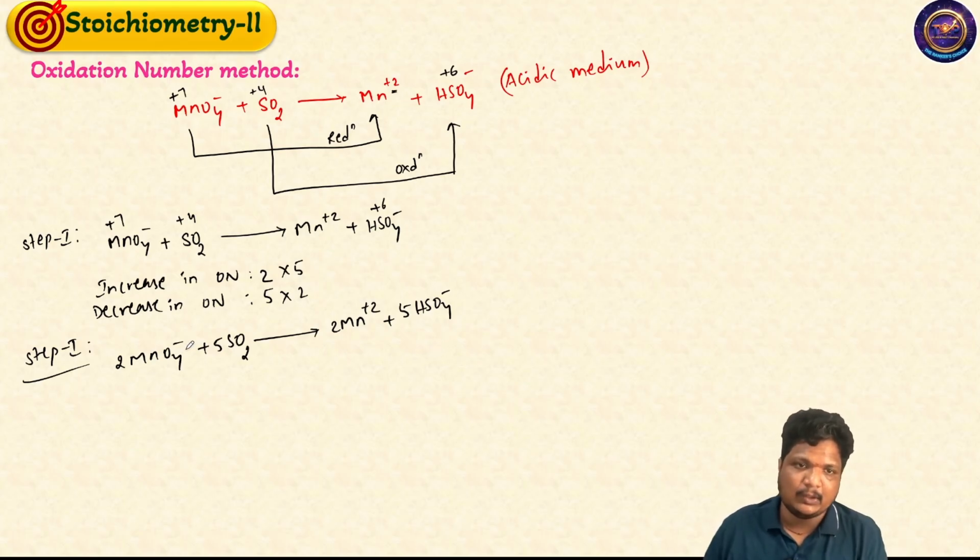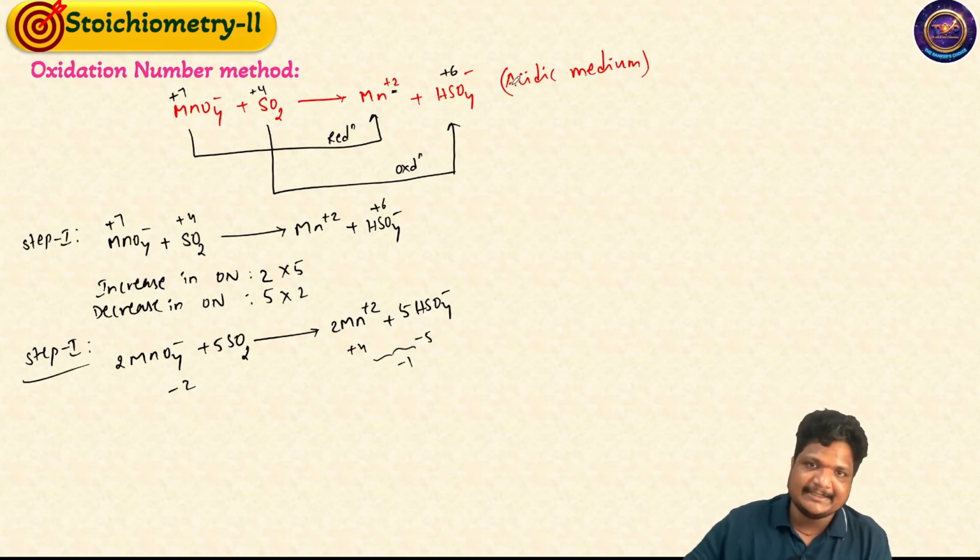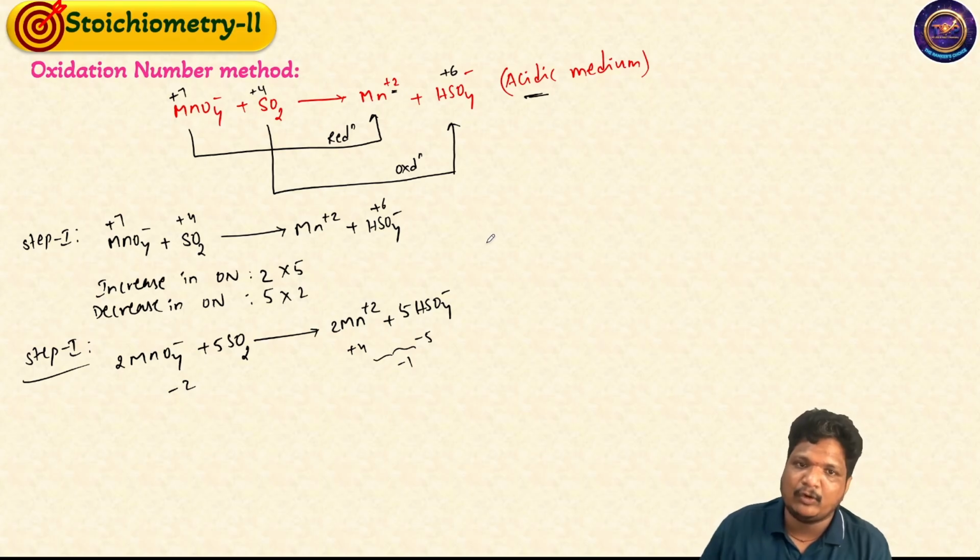So here 2 into minus 1, total overall minus 2. On the right side, 2 into plus 2, that is plus 4, and 5 into minus 1, minus 5, so overall minus 1. Since it is acidic medium, you have to balance the charge by adding H plus ions.